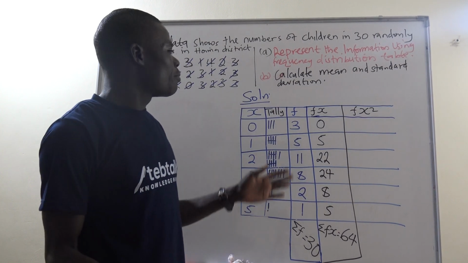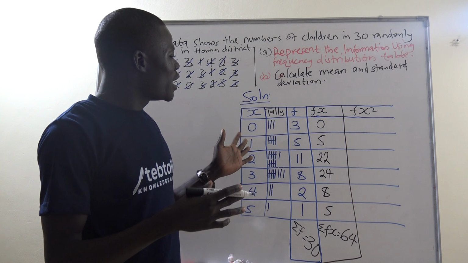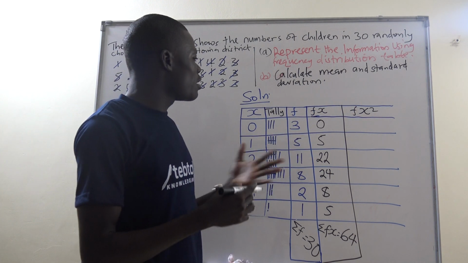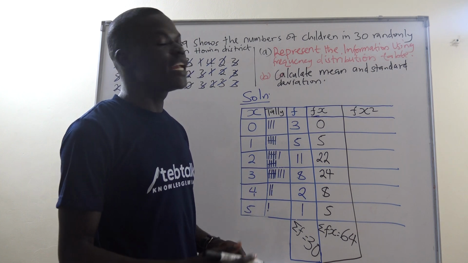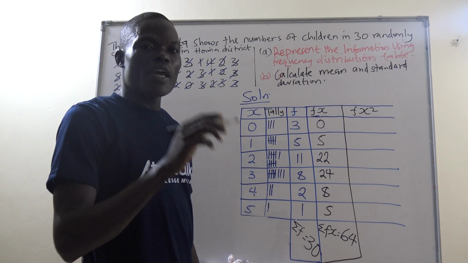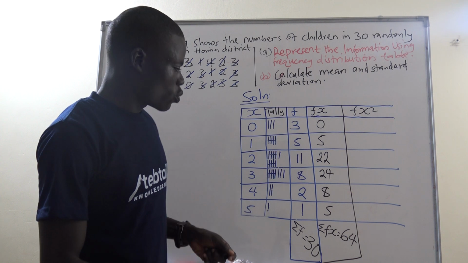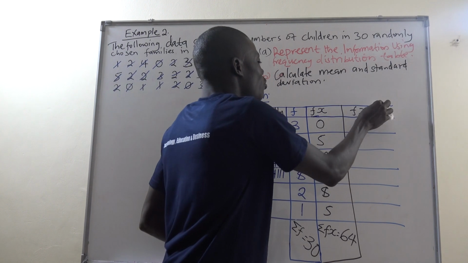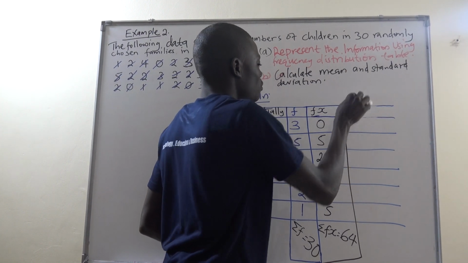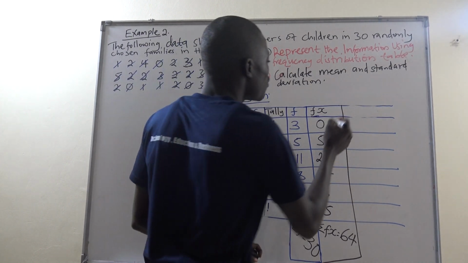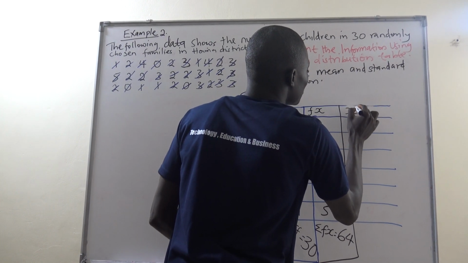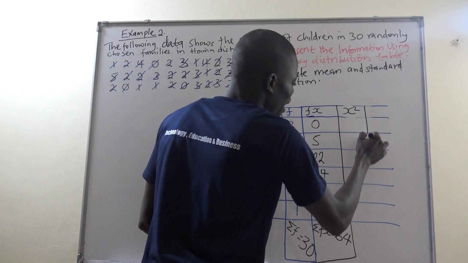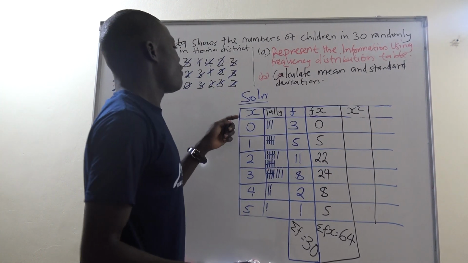But if you don't want to misfire or make any error concerning multiplication, you can first take the values of x squared alone, and then you get the values of f times the x squared. So for our case, let us take one by one. We first get the values of x squared, and then after we get the values of fx squared.